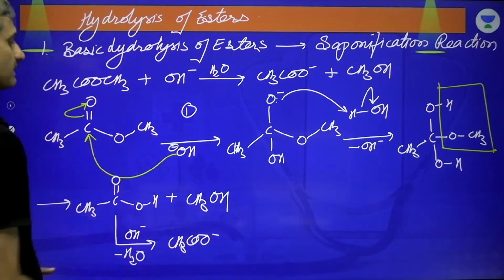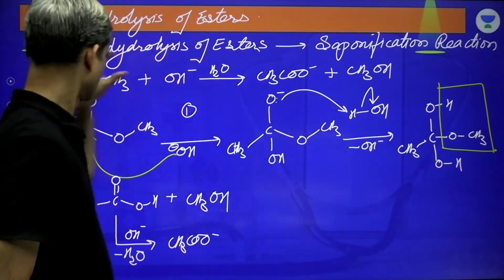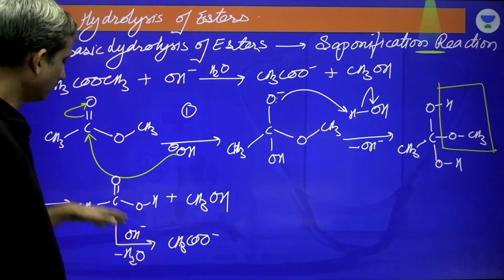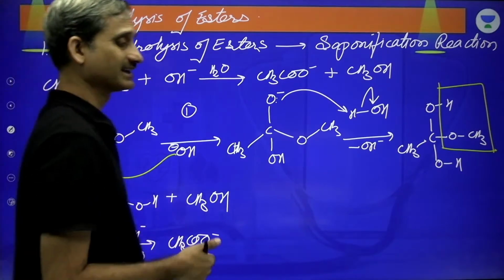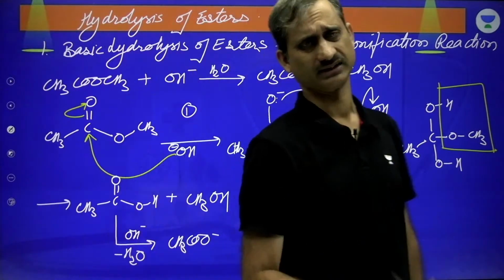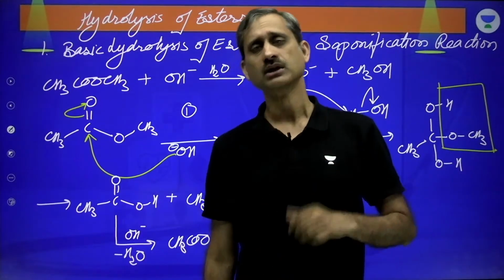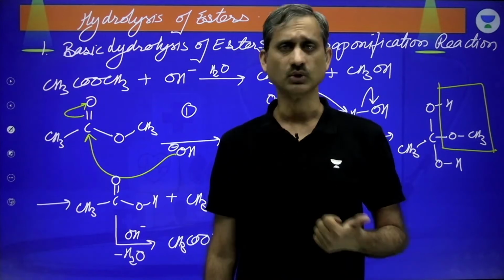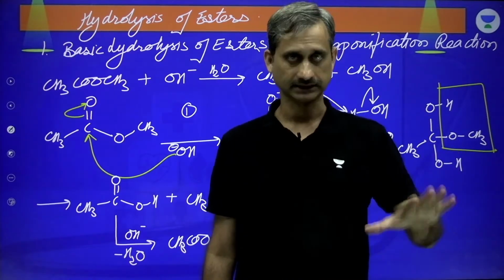So see, OH minus is consumed in the first step, formed in the second step, consumed in the fourth step. Third step is this, fourth step is this. So OH minus actually is the reactant in this case. As the reaction proceeds, OH minus will be consumed. OH minus is neither the solvent nor the catalyst, OH minus is a reactant.